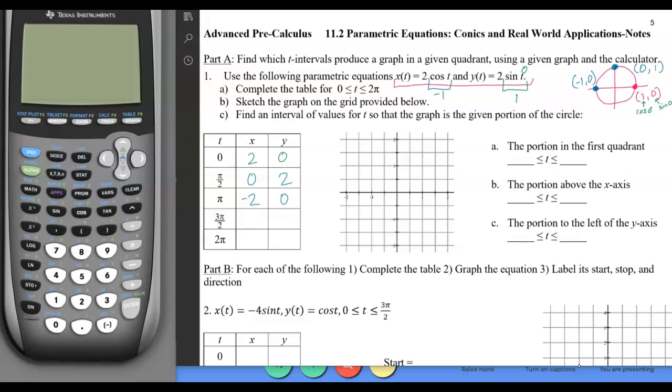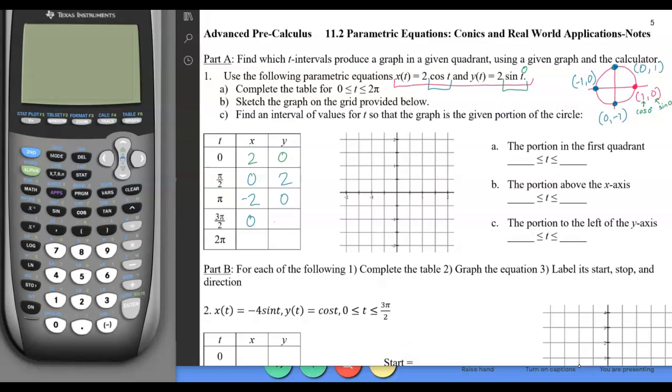Then 3 pi over 2 is this 270-degree angle, which is 0, -1. What is our cosine value at that angle? 0. So our x value is 0 as well. And what is our sine value for that angle? -1.